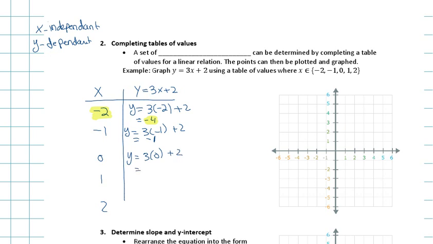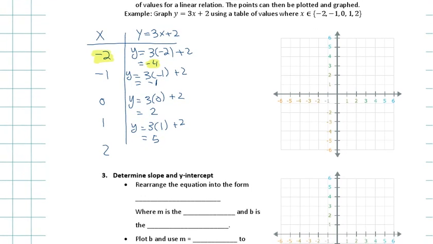0 times 3 is 0, plus 2 is 2. Three times 1 is 3, plus 2 is 5. Is it okay if I just keep going here?